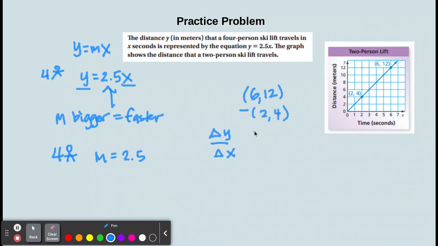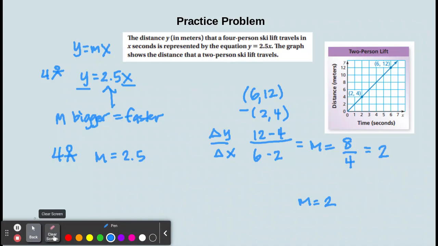Okay, so 12 minus 4 over 6 minus 2. That means that our slope m equals 8 over 4, which is the same as what? 2. So this one has then a steepness or a slope of 2. So which one travels faster? Okay, and that is it for 13.3.